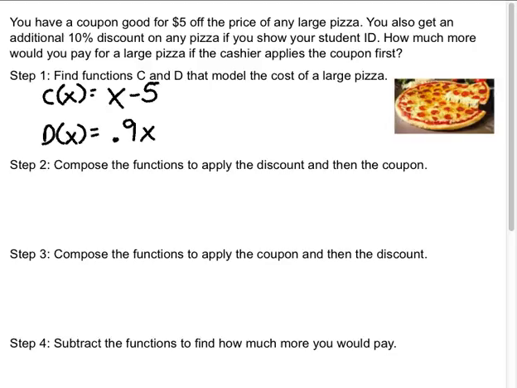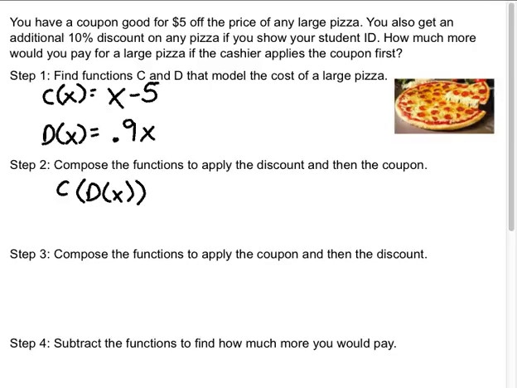So let's look at composing the functions to apply the discount, then the coupon. Okay? So what that would look like is the discount, then performing the coupon, right? Because you're starting on the inside and working your way out. So the inside is going to be what happens first.